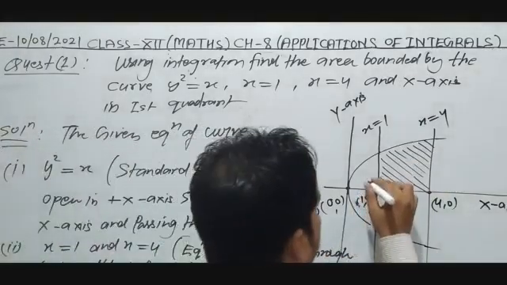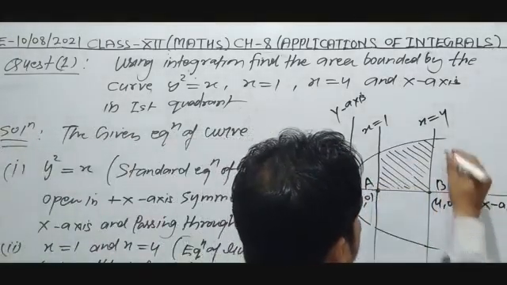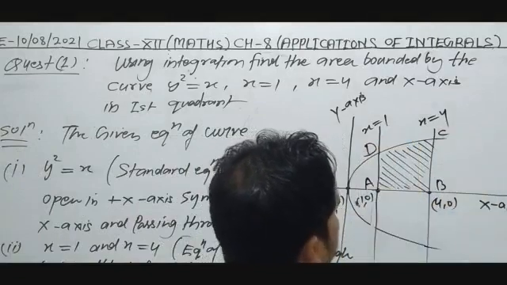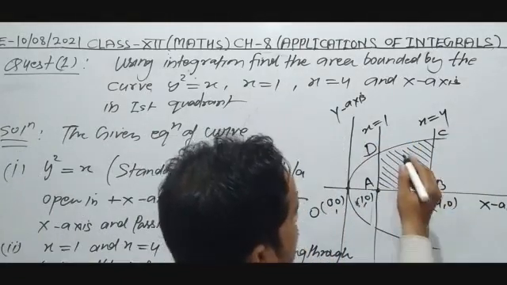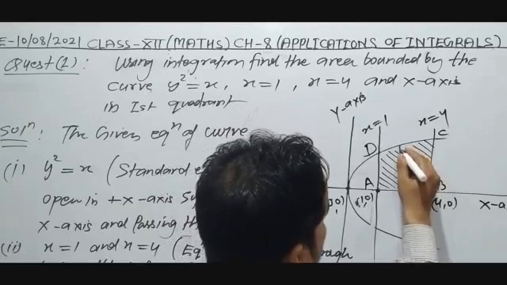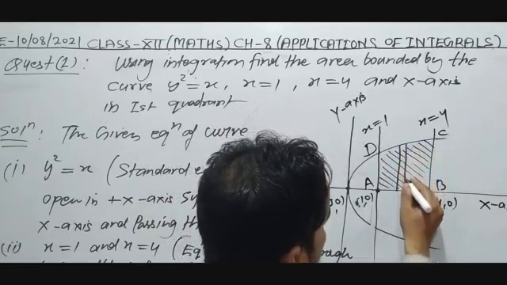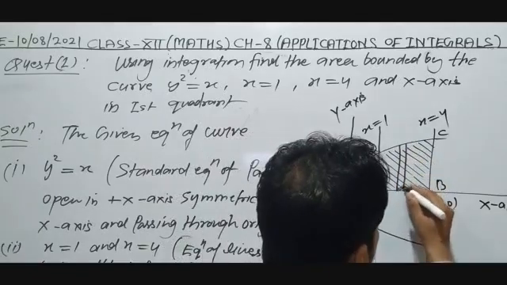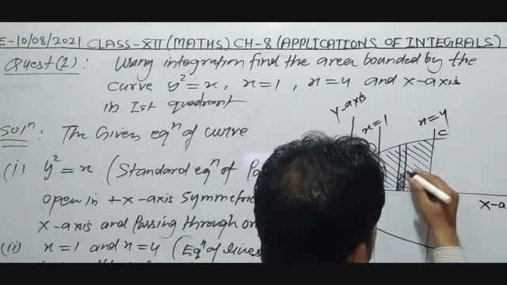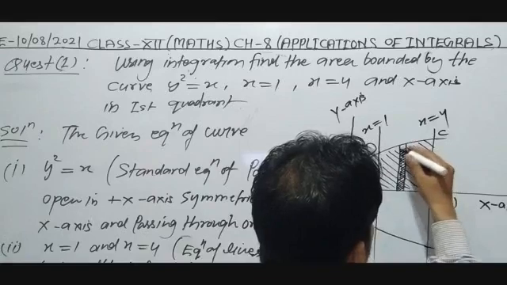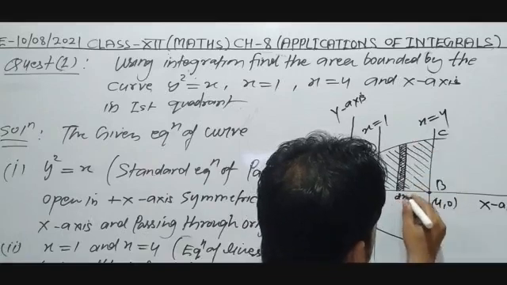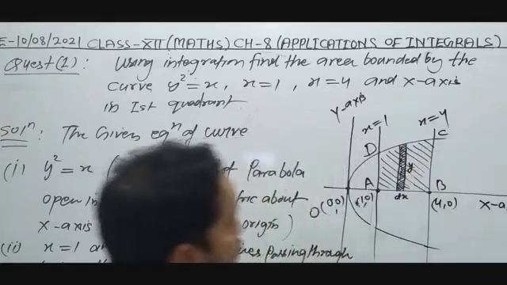Suppose these are the points A, B, C and D, and you have to consider elementary strips of thickness dx and length y.